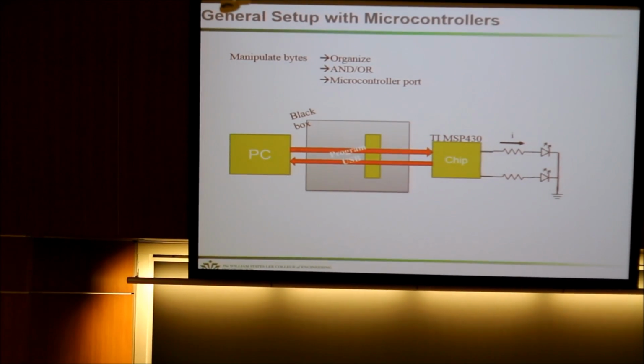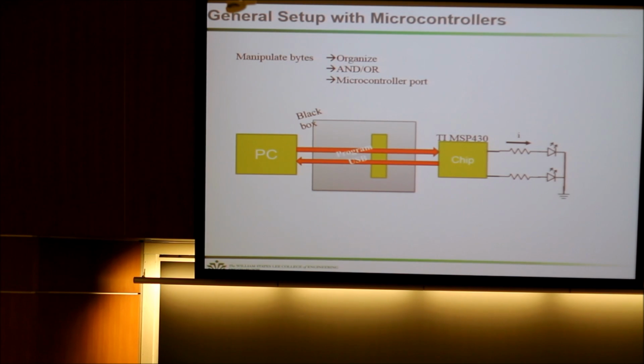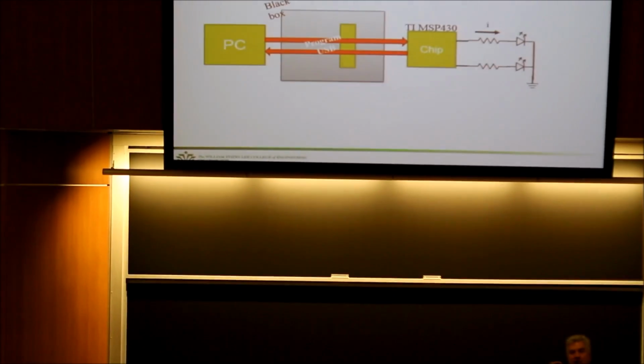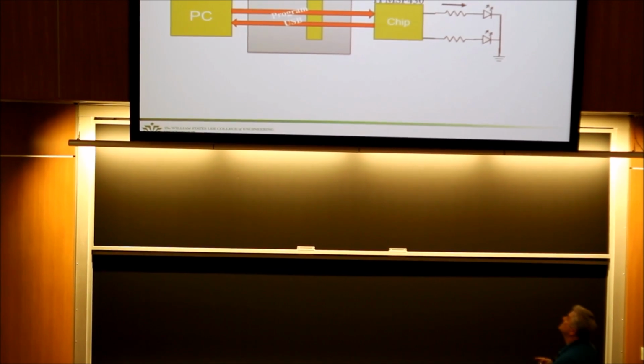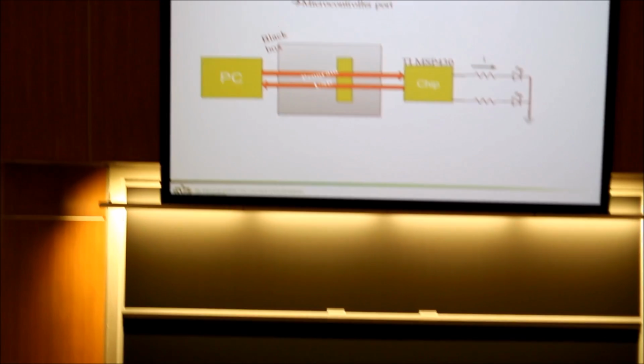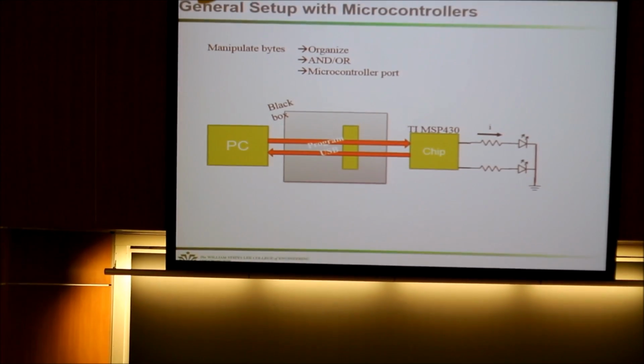And, although it may not seem like a big deal, we're going to be learning how, with a microcontroller, to wiggle a couple of ports, or specifically a couple of bits in a port. But look at the organization up there. Of course, you have your PC, and most of you have laptops, and you're going to use that.